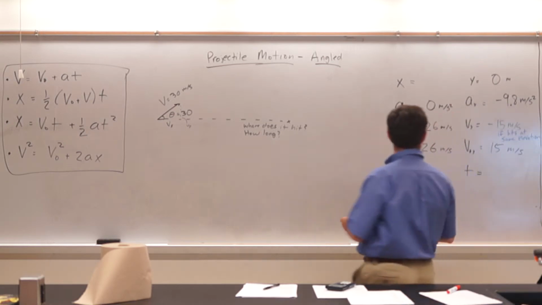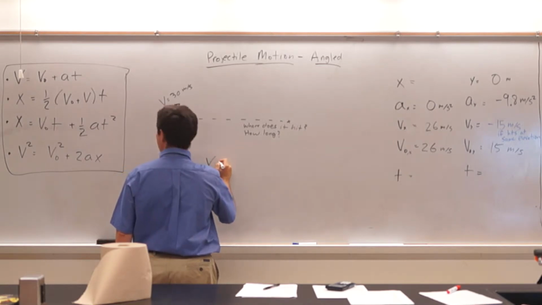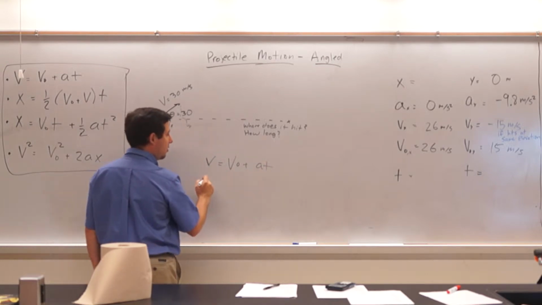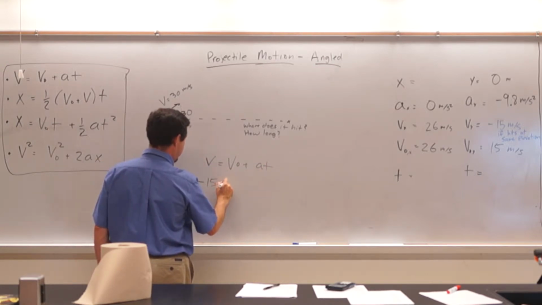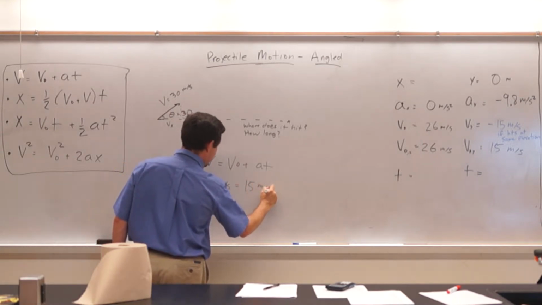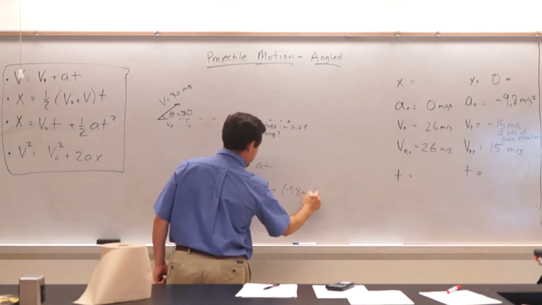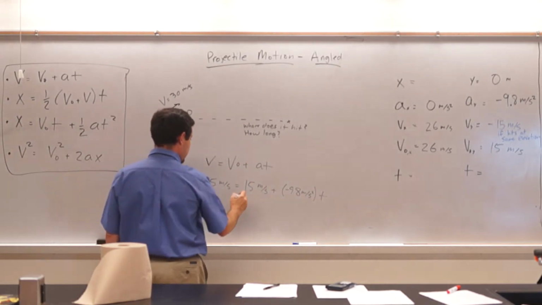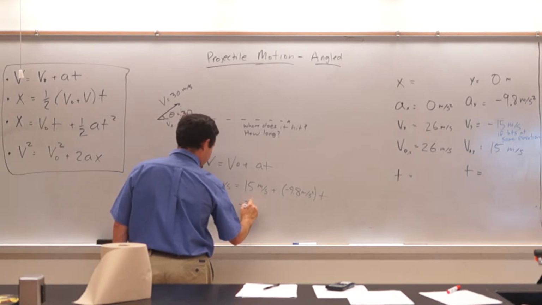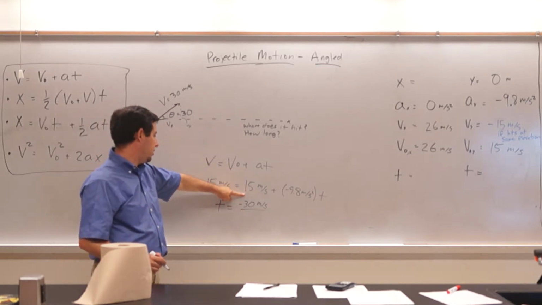So then we can solve this pretty easily. We can say V equals V naught plus A T. So negative 15 meters per second equals 15 meters per second plus your acceleration, negative 9.8, times T. You end up getting T is equal to negative 30 meters per second, because negative 15 minus another 15 is negative 30.